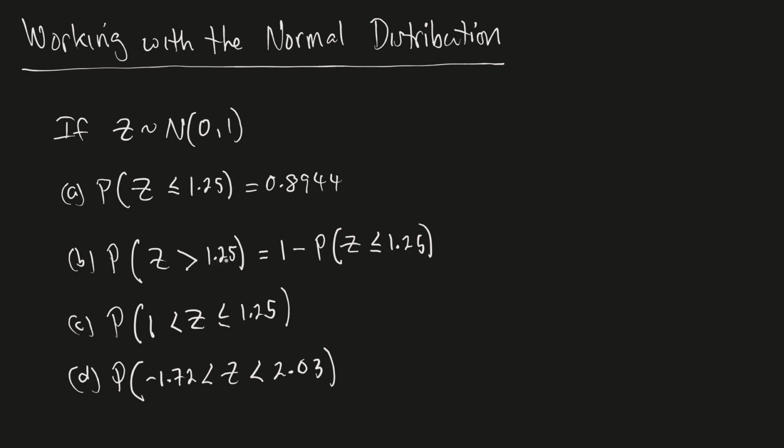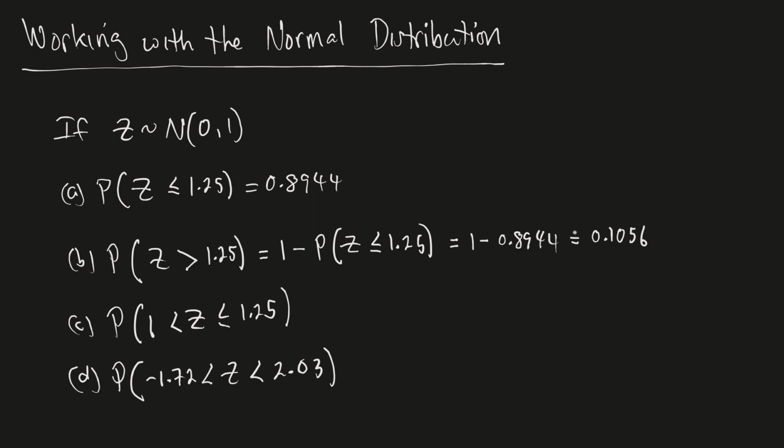In fact, I could even ignore the equal sign altogether. That only works for continuous random variables, and our normal distribution is one of those. So we find our probability in part B by doing 1 minus 0.8944.